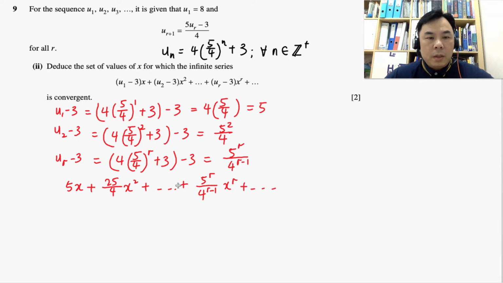Right? And then you notice that we can actually factorize this out. We can take out the 5x, that will give us a 1.